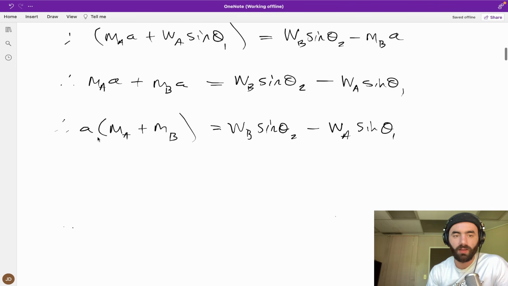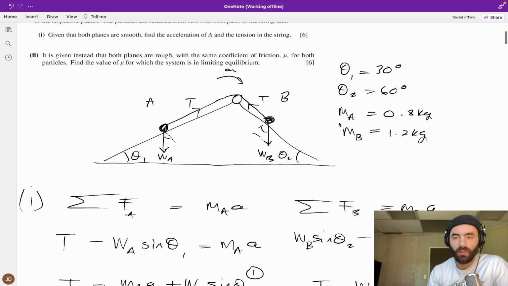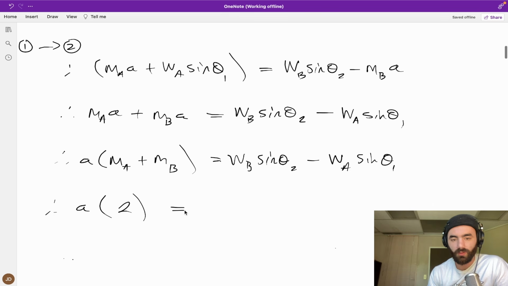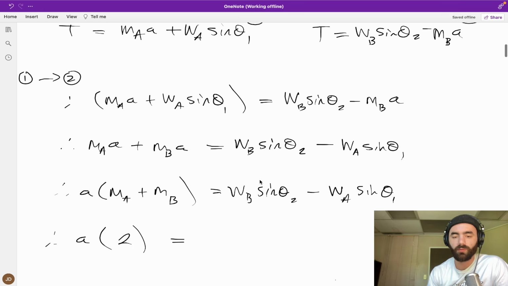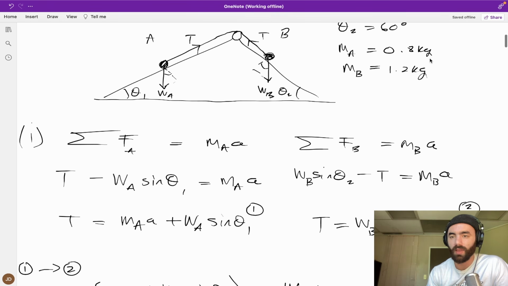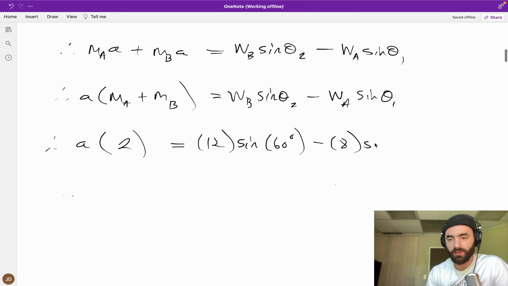We have all of these values, so we can find A. The mass of A is 0.8 and the mass of B, added together, will just be 2. So 2 times A equals the weight of B, which will be 10 times this, so 12, times sine theta 2, which was 60 degrees, minus the weight of A, which will be 8, 10 times this, times sine theta 1, which was 30 degrees.